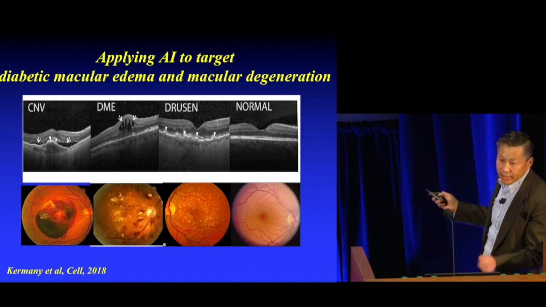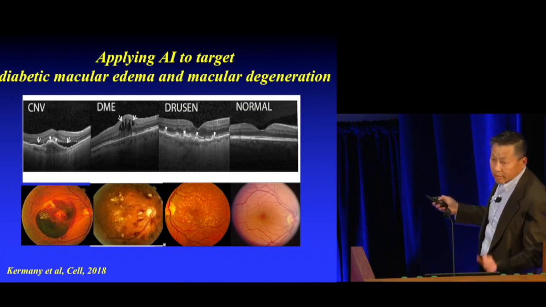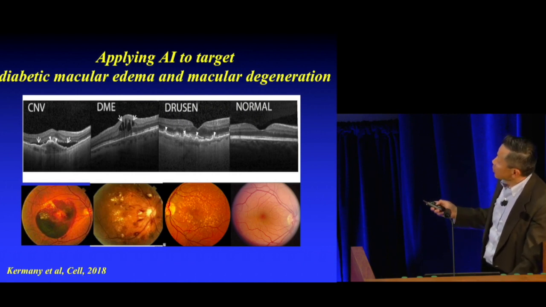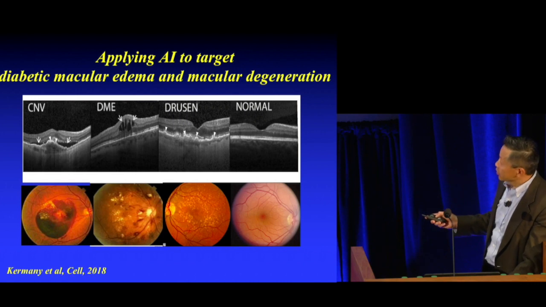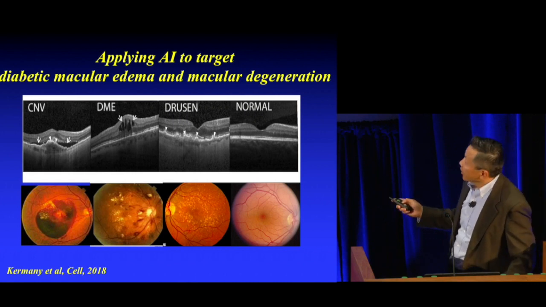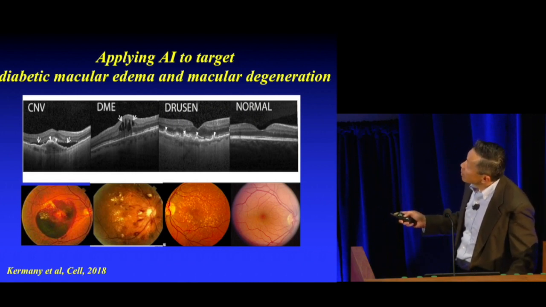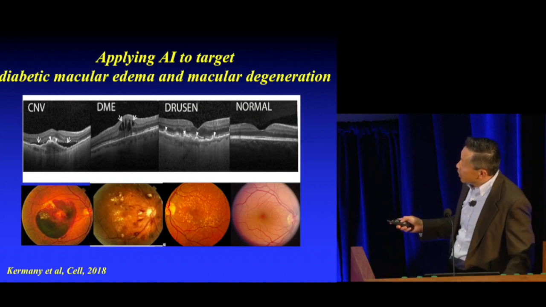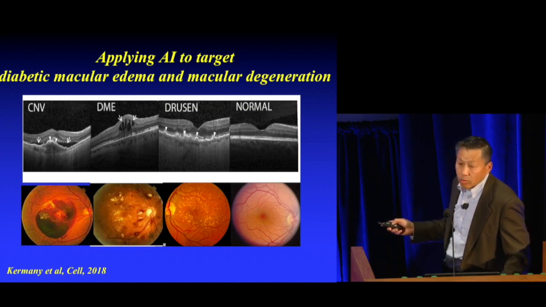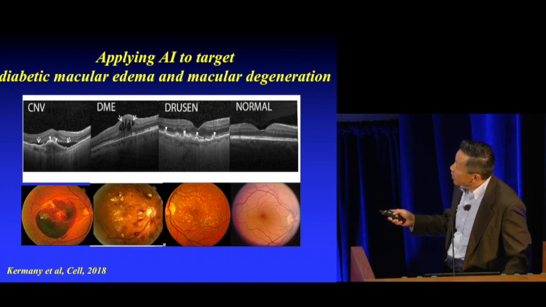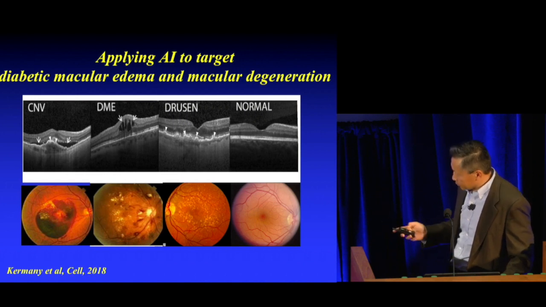You take an optical cross-section of this, and this is the fundus photo of the retina. This is an early sign of macular degeneration. This is a drusen, a deposit underneath the retina. This is diabetic retinopathy, which has a lot of bleeding and swelling in the retina. You can see those cheese holes. And this is a very common type of macular degeneration called wet macular degeneration. You can see the blood vessels growing underneath the retina.